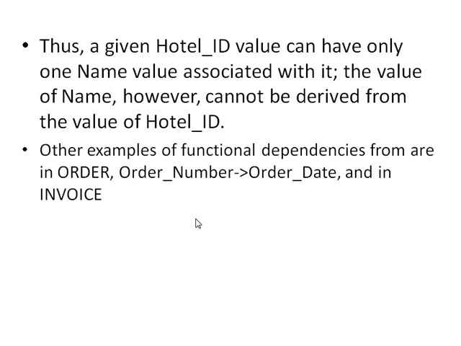Other examples of functional dependencies are like order number and order date. So order date cannot be derived from order number, but order date is fully functionally dependent on order number in the invoice relation.